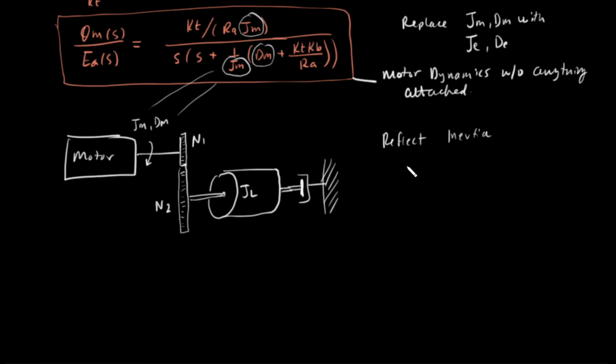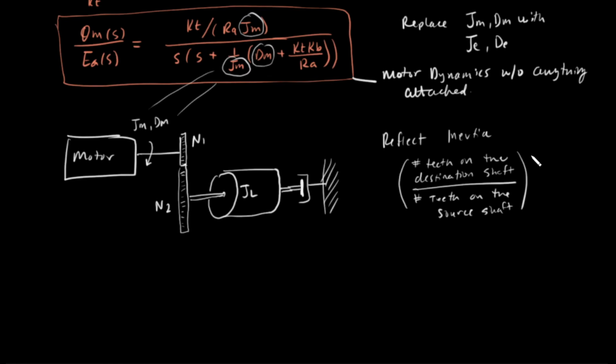And the way that we do that is we use the gear ratio, and the gear ratio for the reflected torque will be the number of teeth on the destination shaft over the number of teeth on the source shaft. And this quantity is squared, and we derived that previously.